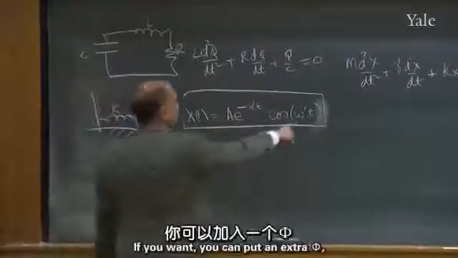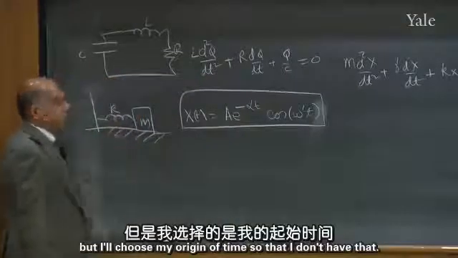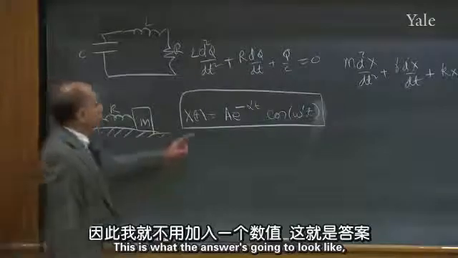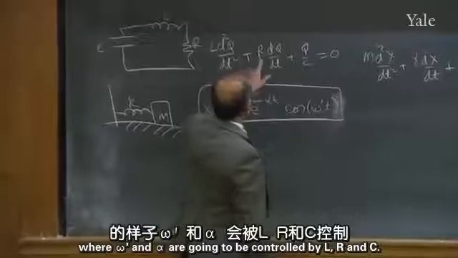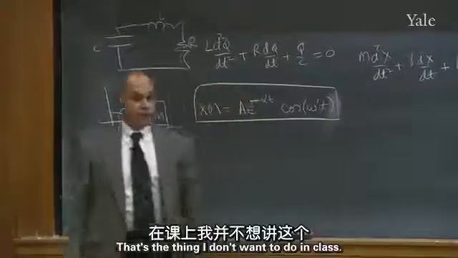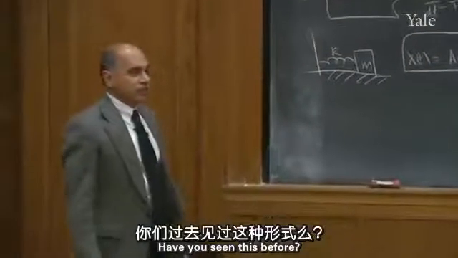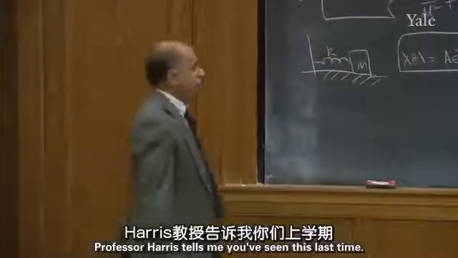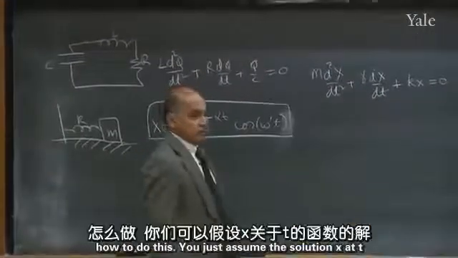If you want, you can put an extra phi, but I will choose my origin of time so that I don't have that. This is what the answer is going to look like, where omega prime and alpha are going to be controlled by L, R, and C. That's the thing I don't want to do in class. Have you seen this before? Professor Harris tells me you have seen this last time. And the hints in the homework will guide you on how to do this.